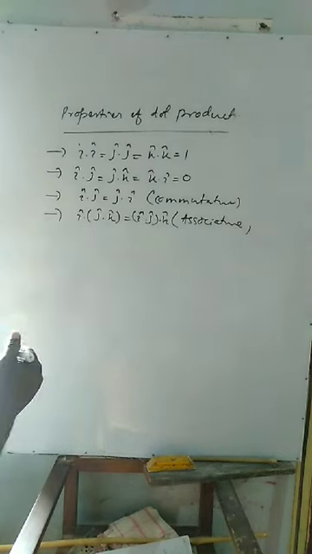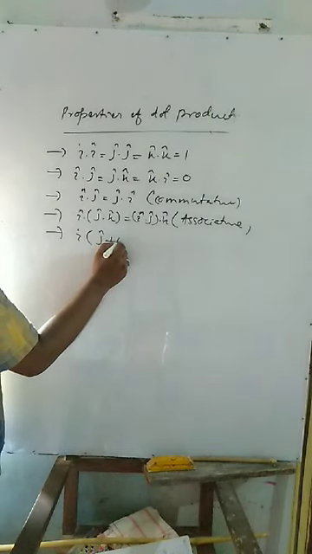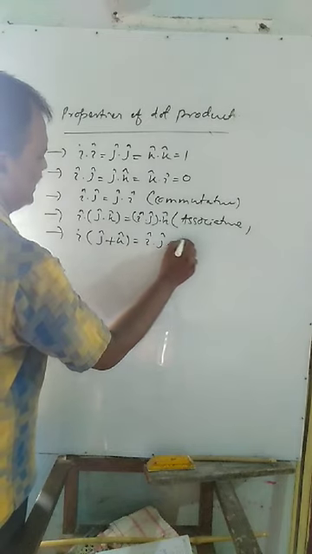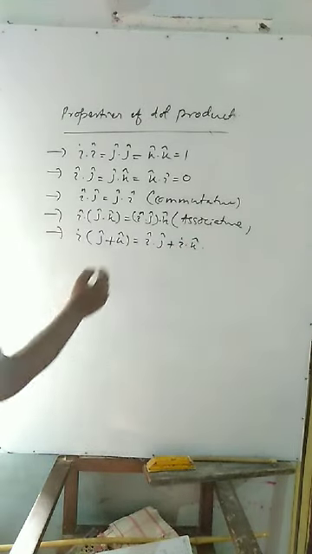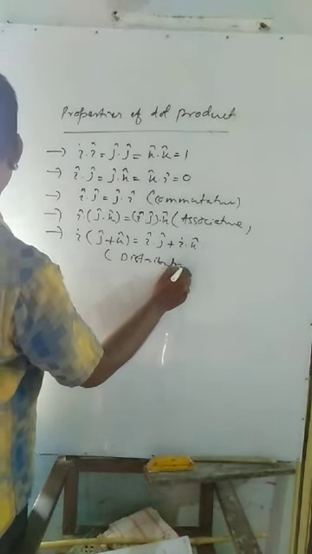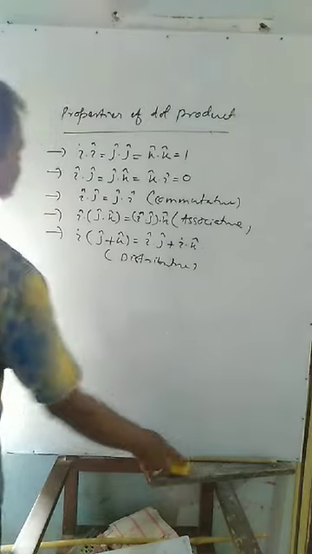The dot product also follows the distributive property: i dot (j plus k), then you can also write i dot j plus i dot k. This is the distributive property. So these are the three properties: the commutative property, the associative property, and the distributive property. Here the dot product follows this type of properties. Next we will discuss more about these.